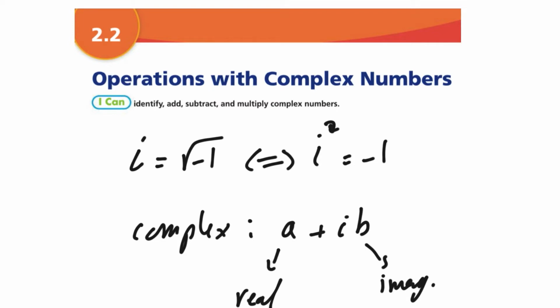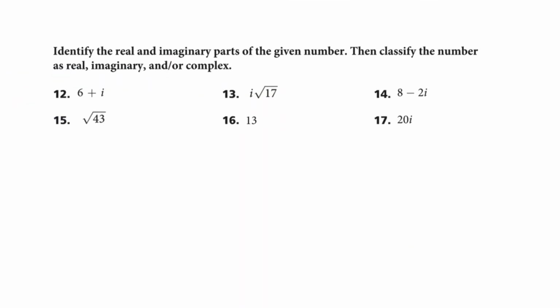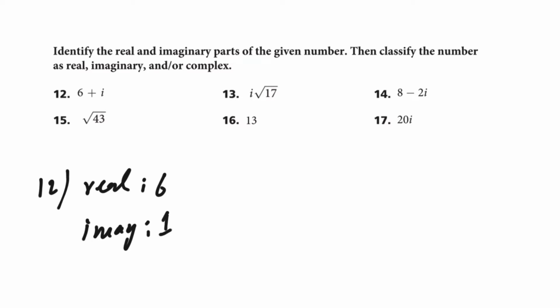Let's start identifying the real and imaginary parts and classifying the sets. The real part is 6 for number 12, and the imaginary part is 1, the number that's multiplied by i.